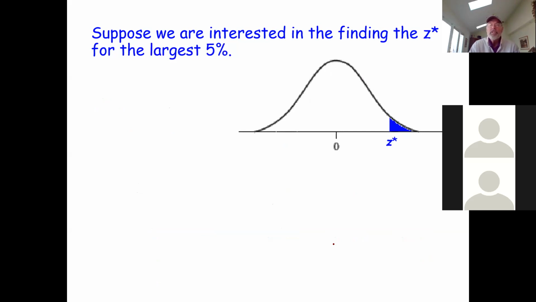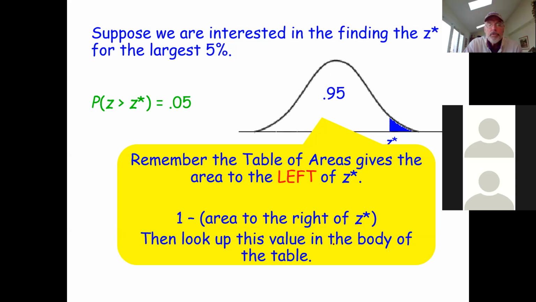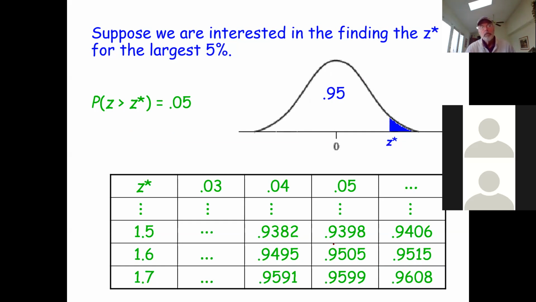Likewise, we can do the same sort of thing, the largest 5%, and we're asking for a z-score with the probability of 0.05. Again, we go into the table, start to think about these values right here. It's probably something between this one and this one.